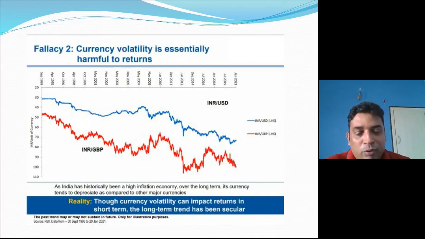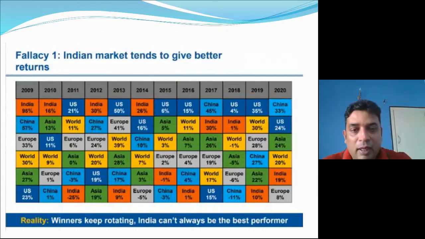So you don't have to think much about the currency volatility. Short term, yes, it will impact, but in the longer term, it will not. So if you're looking for a global investment, take a longer time horizon and you're going to have a huge return. As I mentioned in earlier slides, in a couple of years India will perform better, but in a couple of years other countries also perform better.